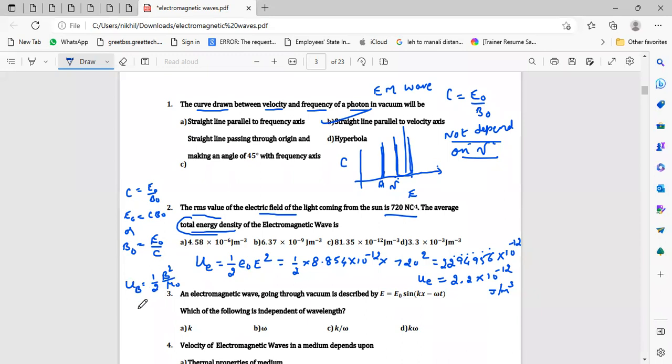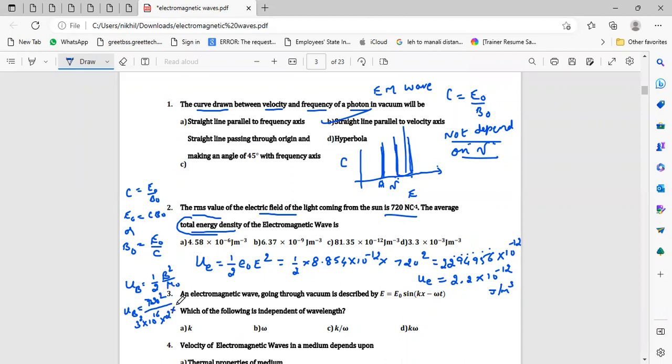So UB is equal to, you know that B squared is nothing but E naught squared by C squared. So 720 squared divided by C squared, that is 3 squared into 10 power 16, into this 2 as it is.